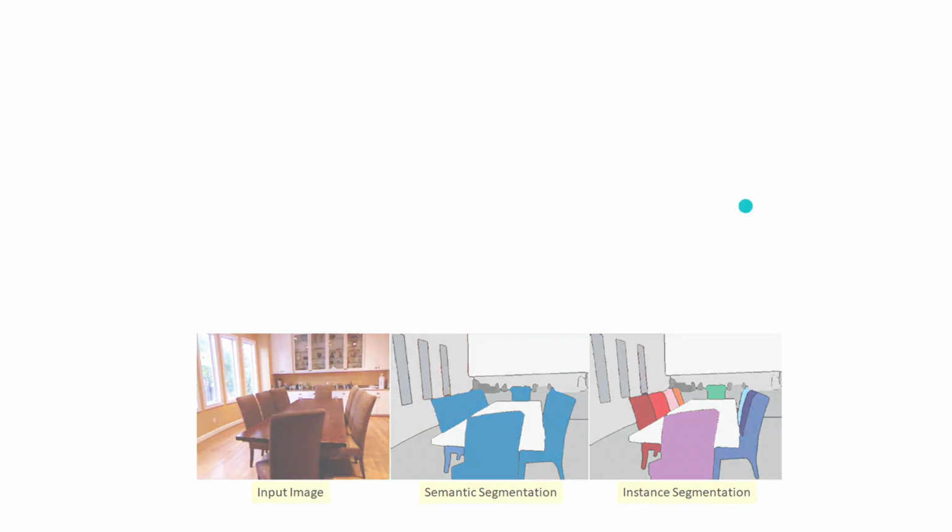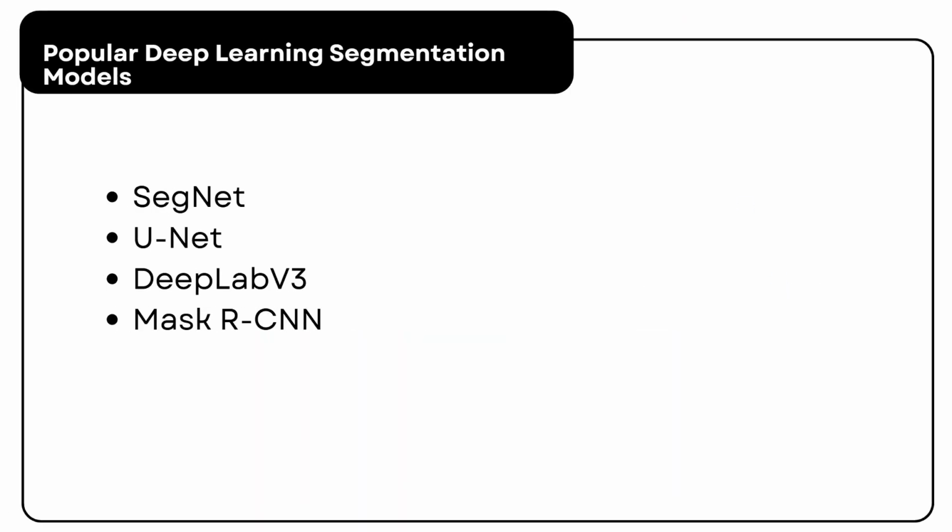Okay, next would be, okay. So in this slide, we're looking at some of the most widely used deep learning models for image segmentation. So these models form the backbone of modern semantic and instance segmentation systems.